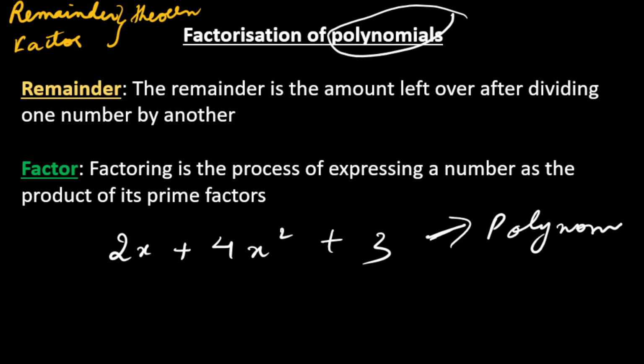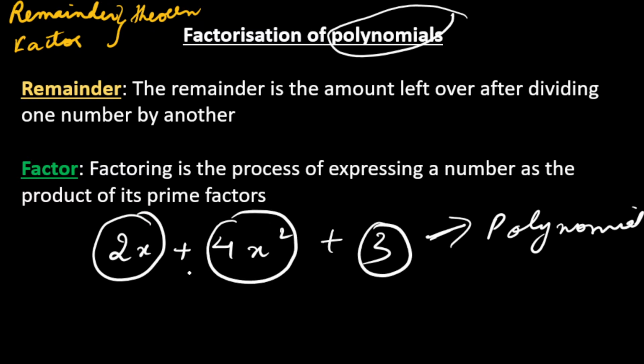Here this is an algebraic expression, this is an algebraic expression, and this is. When algebraic expressions are separated by plus or minus, they are known as a polynomial. These type of expressions, remainders and factors we will be finding.